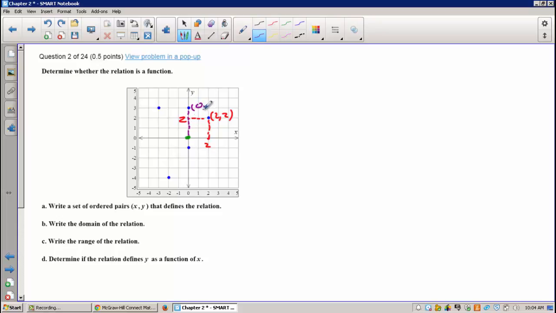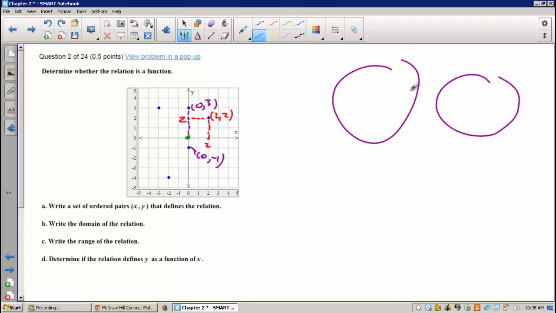This one is (0, 3) and this one is (0, negative 1). So your 0 is going to 3 and negative 1. Is this possible? Can you pick a number and it splits into two other numbers? Impossible. So I already know the answer for part D.